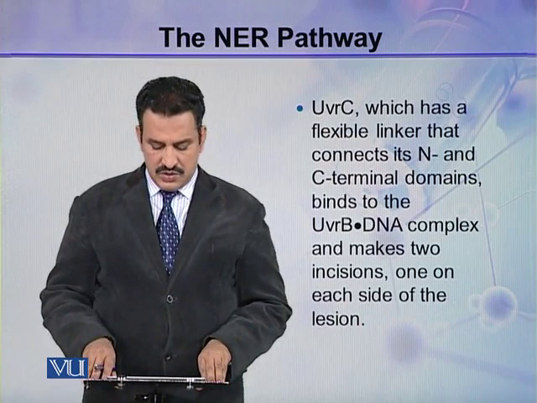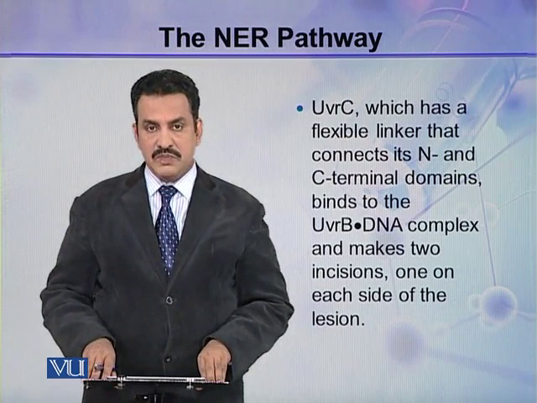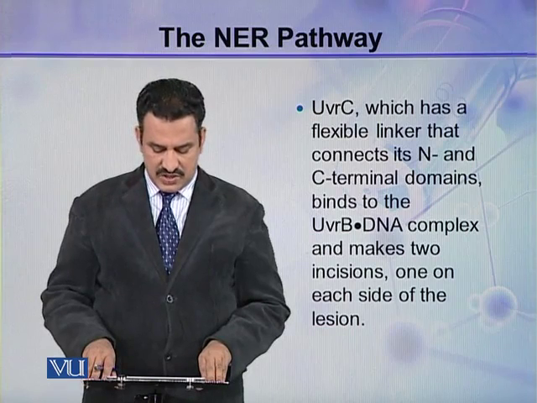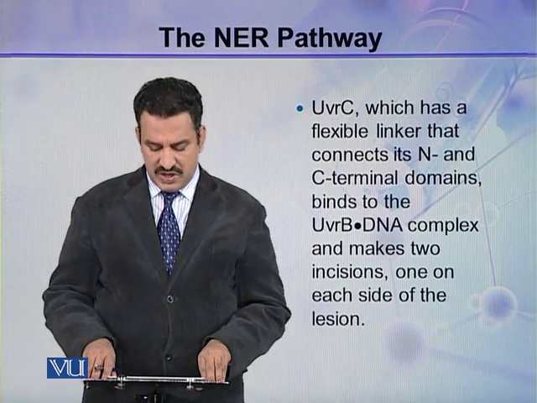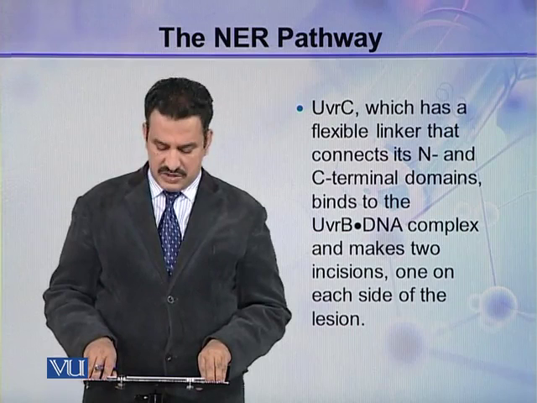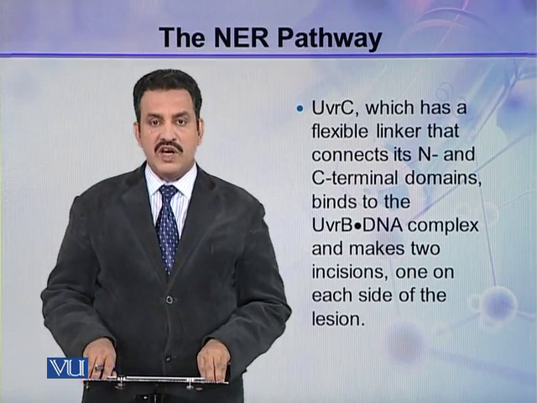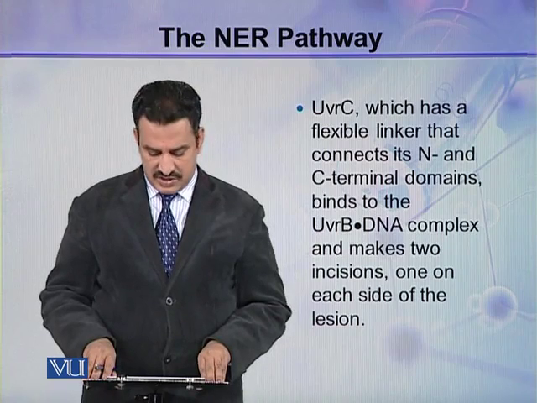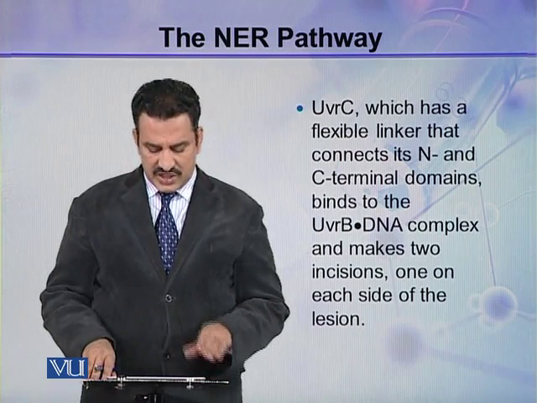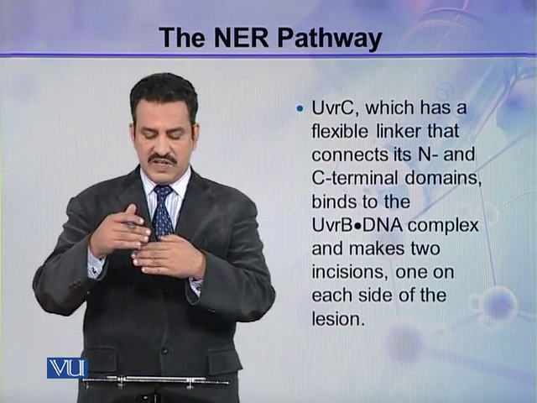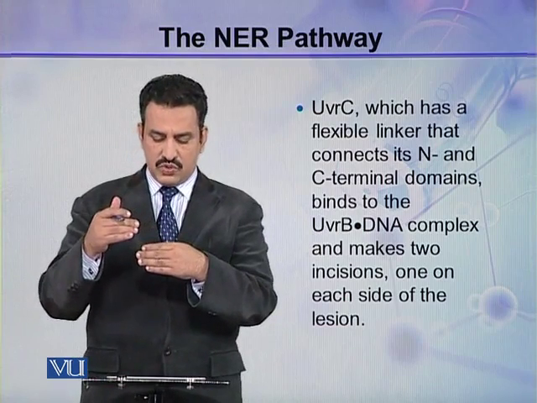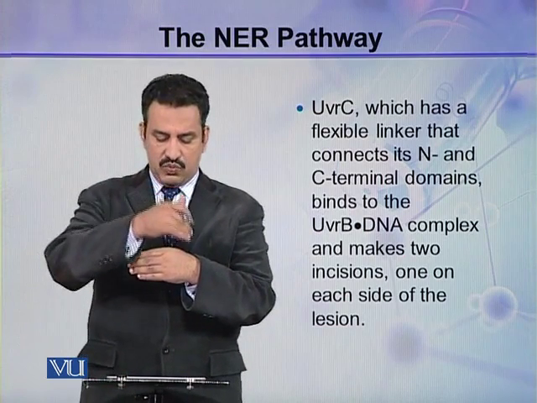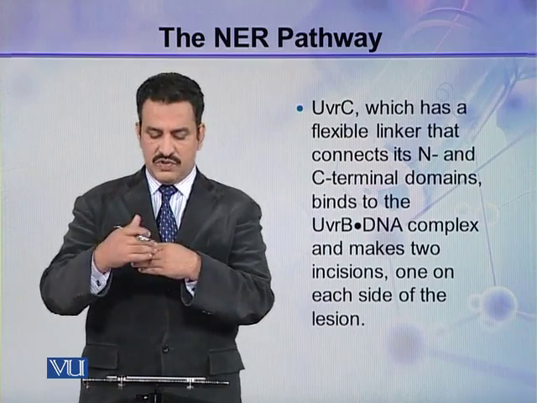UVRC has a flexible linker that connects its N terminal and C terminal domains. It binds to the UVRB DNA complex and makes two incisions, one on each side of the lesion. So if the lesion is present here, it makes two incisions, one here and one here, on either side of the lesion.